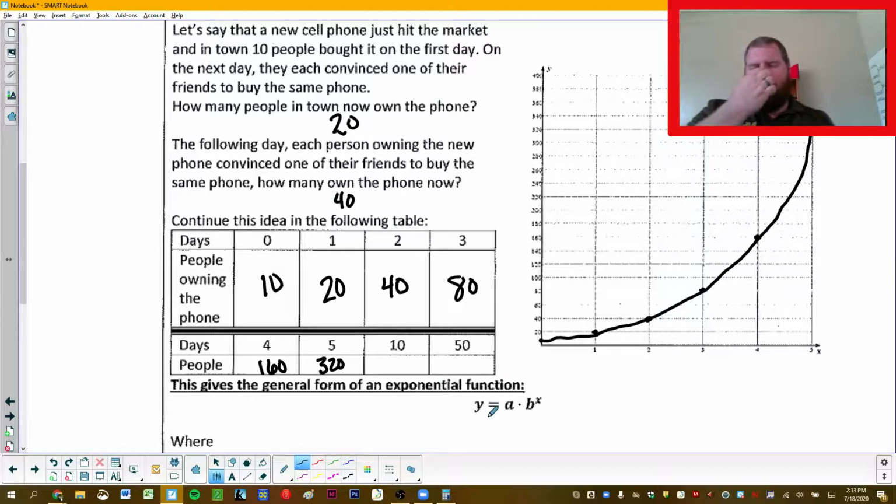variable. Sorry. So let's try to figure out what we have here and how we can kind of make this work. So the a is sort of my starting value, because if x is 0, as it was on day 0, because I want to match this up to my starting value. If the x is 0, anything raised to the 0 power is just 1.